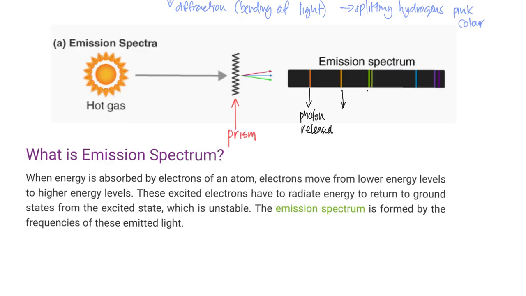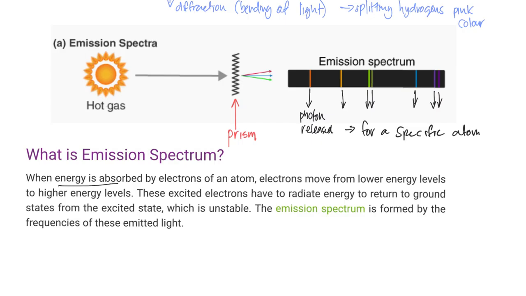Every single time we see a little color, that is an emission spectrum. Wherever we see black bands, it means those colors cannot be emitted for that atom. So these are the photons released for a specific atom.